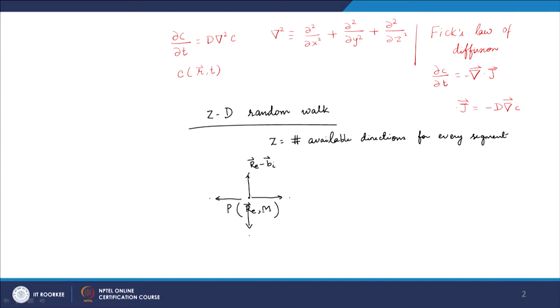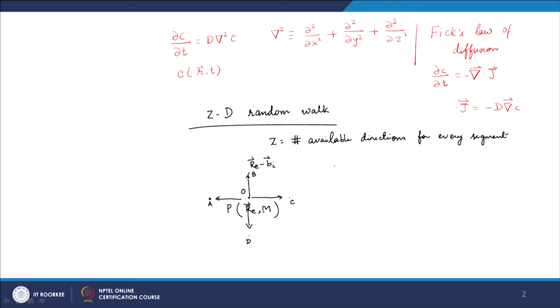So let us say, for example, if I am at A, B, C and D in the figure, I can come to the point O in one step, and then we can have this particular distribution.